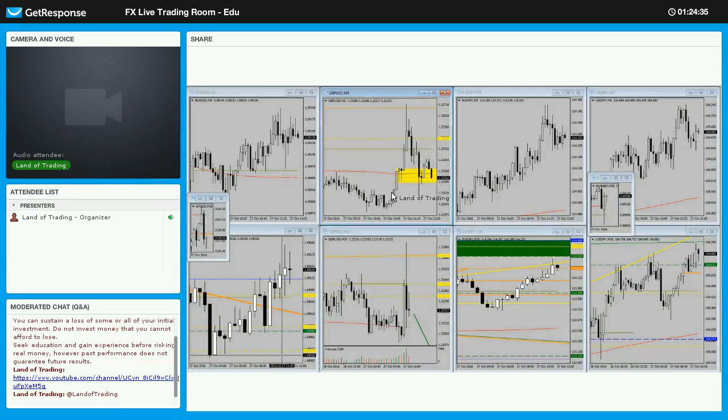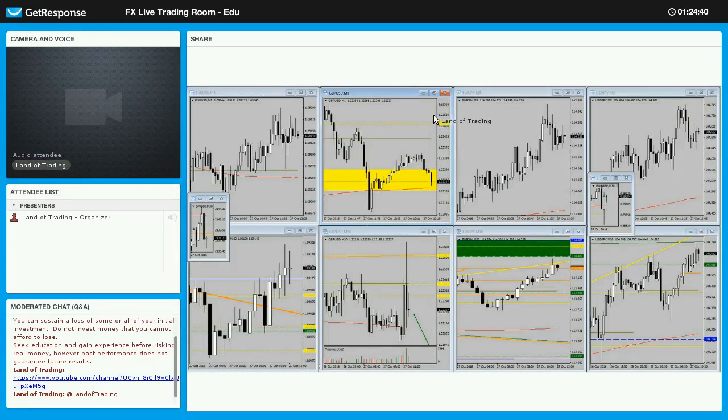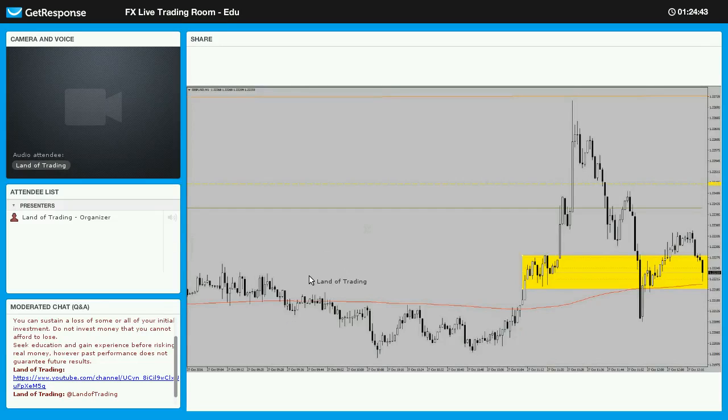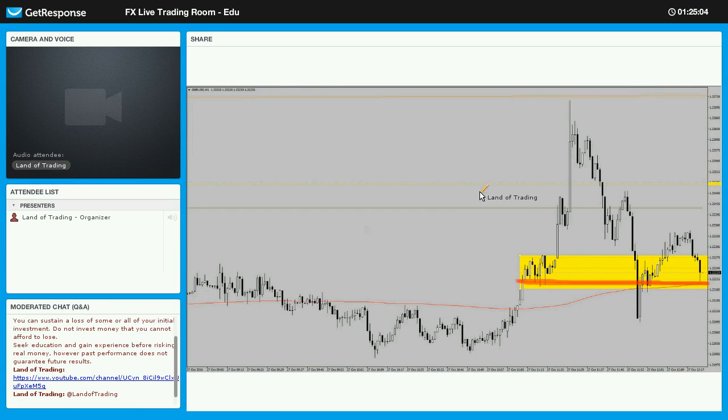Sellers are trying to return to the market on pound. If we want to see the buyers, they should step in right now. Otherwise, we may see lower levels.